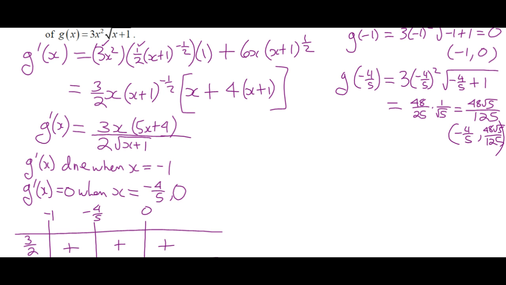And 0, right? g of 0. Because it's 3x squared, right? So g of 0 is 0. All right, so we've got a negative 1, 0, which is, I think, an absolute minimum.